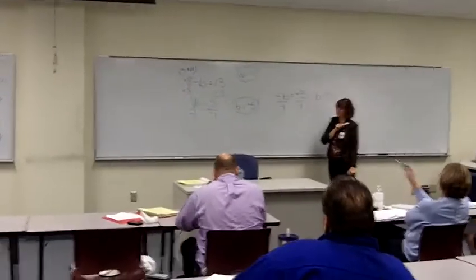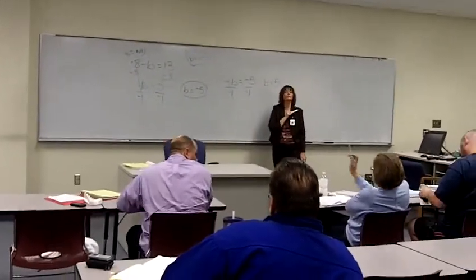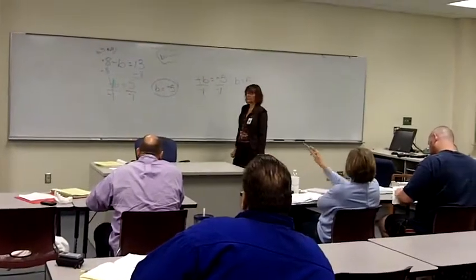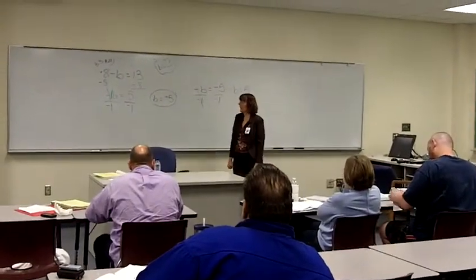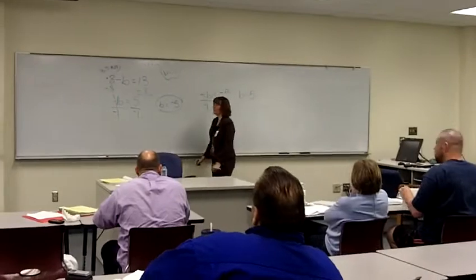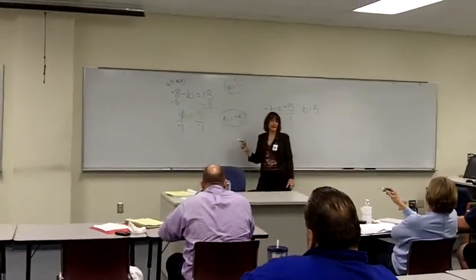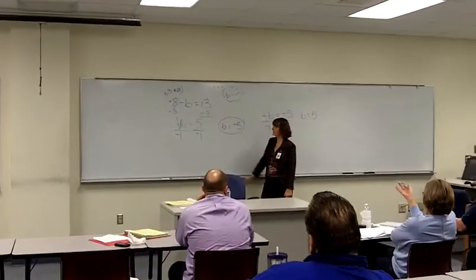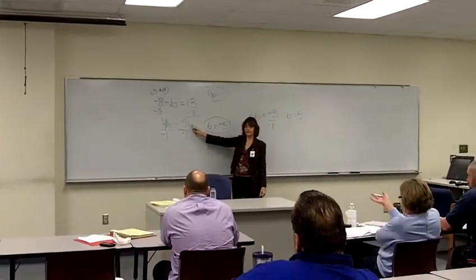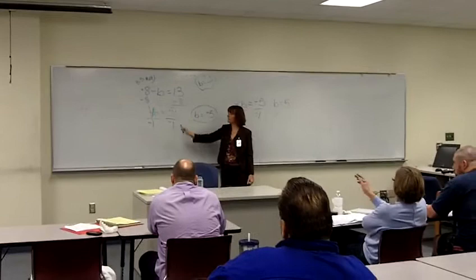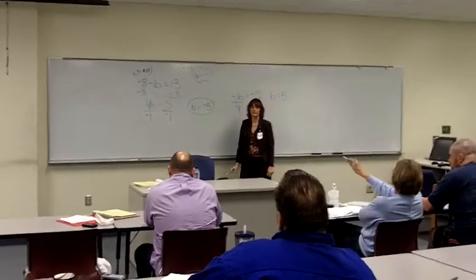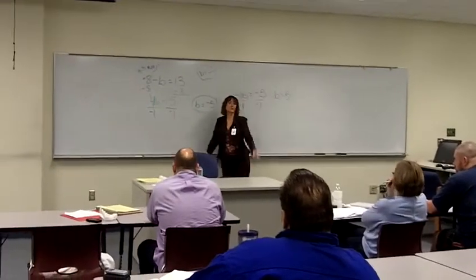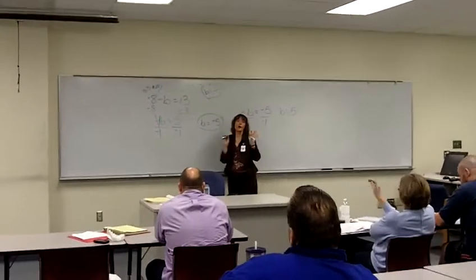Okay, that's why I put that up there, because we need to show that step in our work. I would. I absolutely would. So if you have negative b equals 5, you don't want us to just move that negative over to the number. I wouldn't. I would show that you're dividing it by -1. You need to show that.